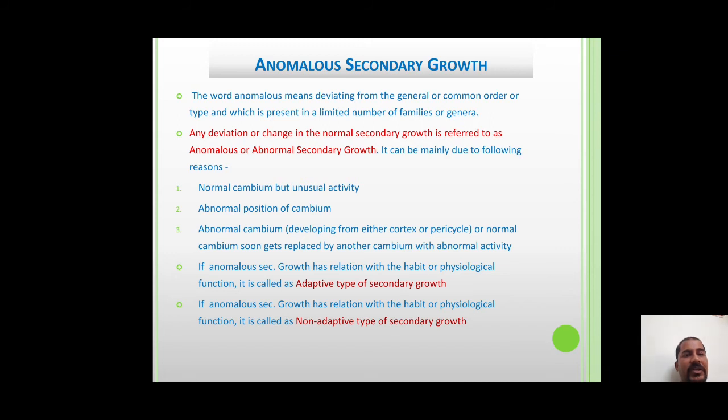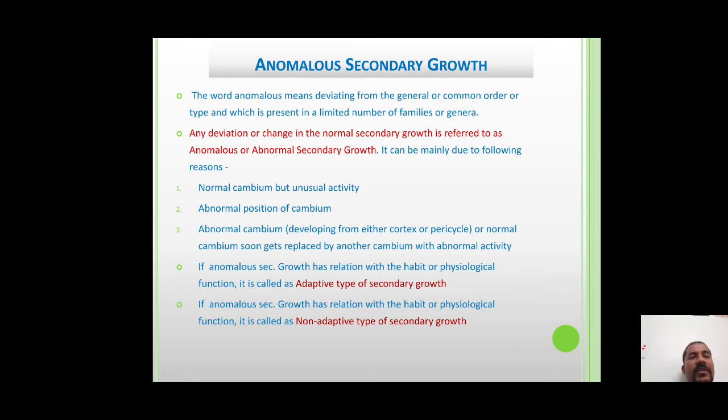That means instead of having the normal position in between the primary xylem and primary phloem, the cambium has an abnormal position. And the third reason is that an abnormal cambium develops either from the cortex or pericycle, or the normal cambium soon gets replaced by another cambium with abnormal activity.